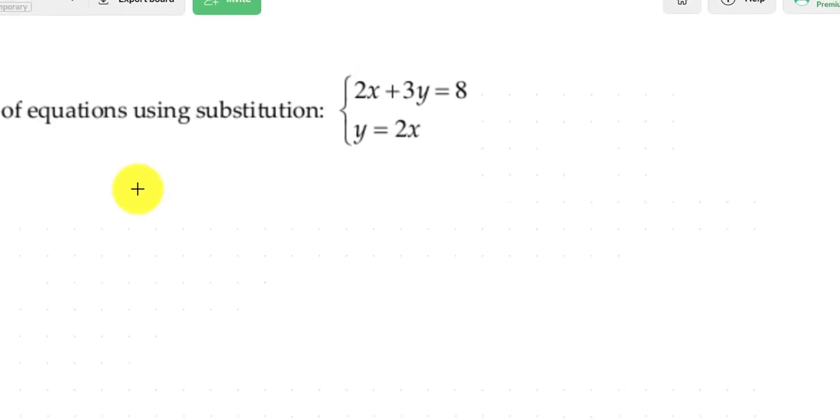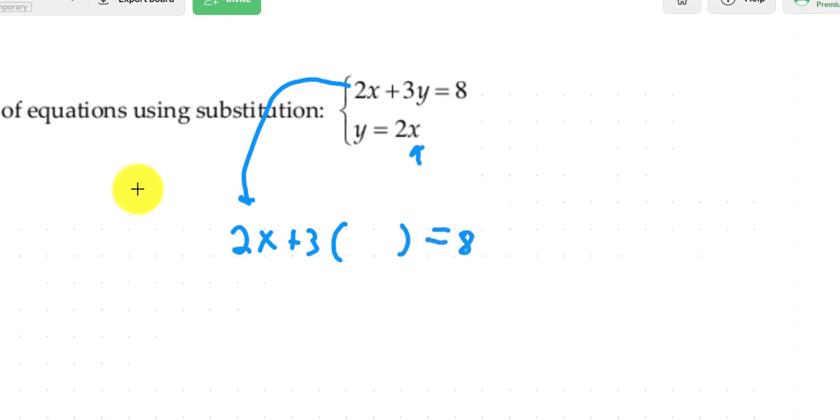If I know y equals 2x, I can rewrite this first equation as 2x plus 3, but instead of writing y, I'm just going to open and close parentheses, equals 8. So I wrote everything from this equation except the y.